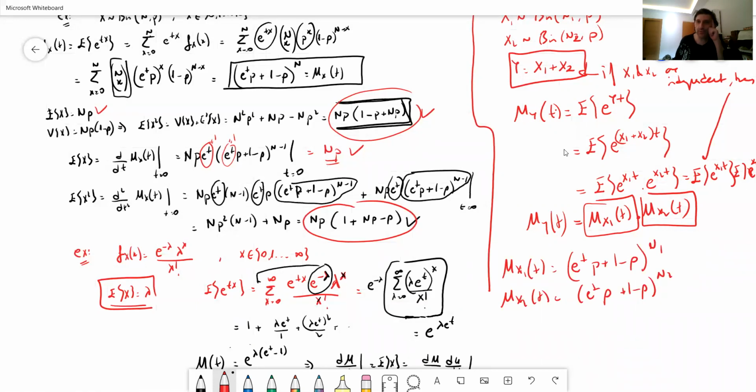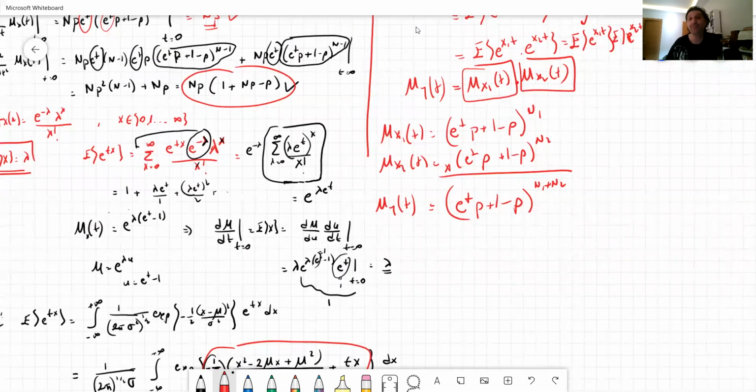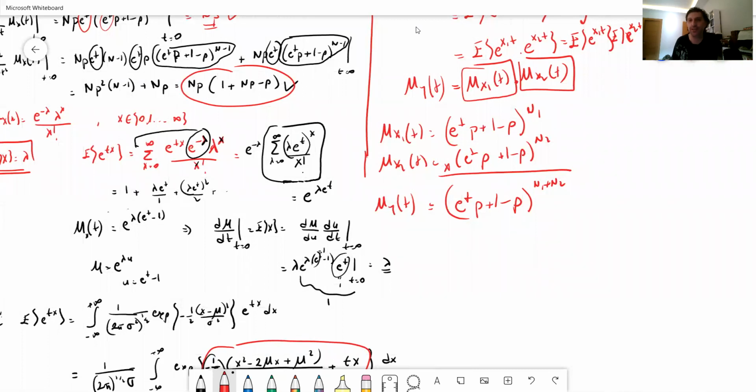What we would like to do is add those two random variables. In terms of moment generating functions, it means multiplication. So when you multiply those two, what you obtain at the end is the same expression raised to the power n1 plus n2. This is going to be the moment generating function of Y at t. Now, from this, how can we go back to the distribution? Very easy. Note that this form is exactly the resulting form.